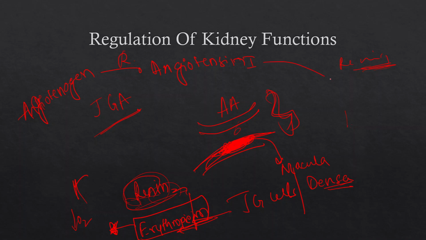And this angiotensin 1, with the ACE enzyme, angiotensin converting enzyme, gets converted into angiotensin 2. Angiotensin 2, being a powerful vasoconstrictor itself, constricts the blood vessels. When it constricts the blood vessels, BP increases. If BP increases, glomerular filtration rate also increases.